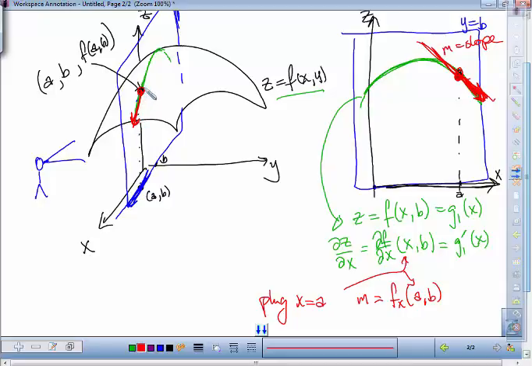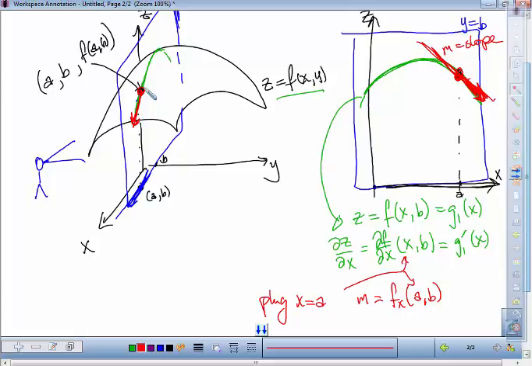Evan kind of laid it out for us. Find the derivatives and you find the vectors. That's a vector. This vector is tangent to the surface. And because it's tangent to the surface, it must be on the tangent plane.